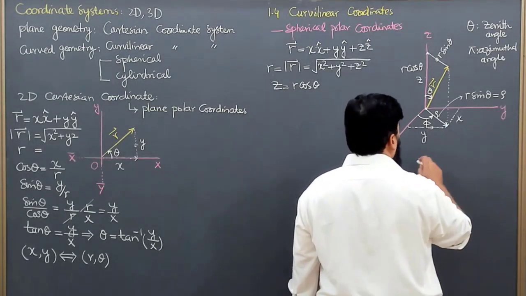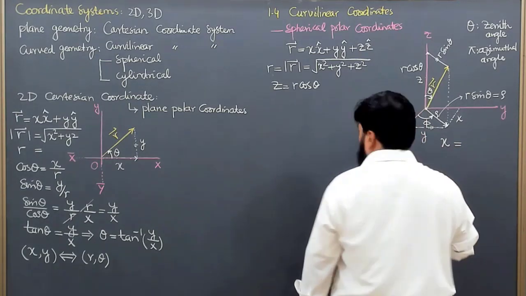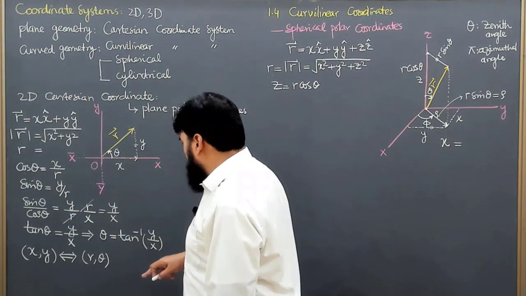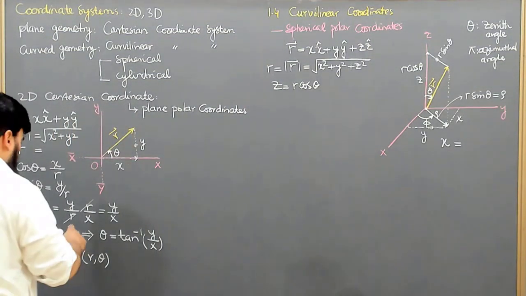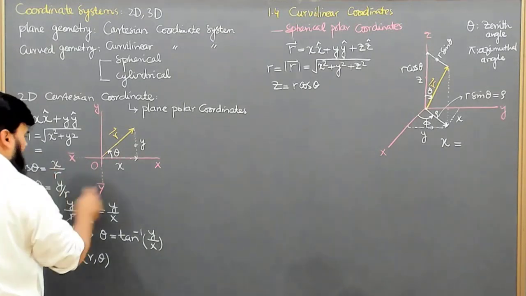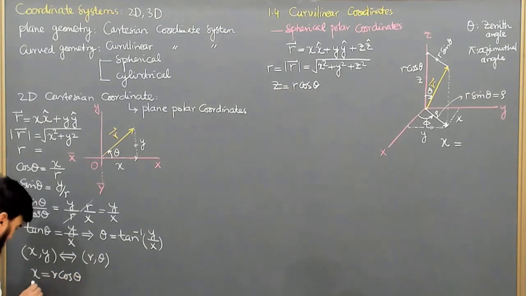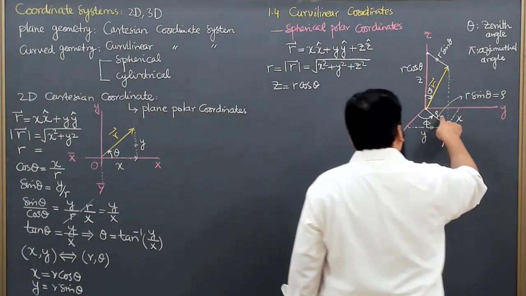So I can write that, as I did here, x equals r cos of the angle, and y equals r sine of the angle. So I have the conversion between these two. Now here r is equal to rho.